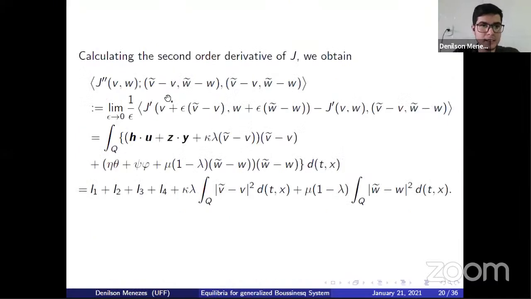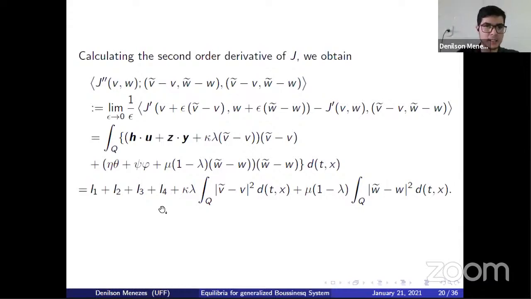So calculating the second order derivative of J, we find this expression that can be rewritten this way, and you have to estimate these four numbers, I1, I2, I3, I4.